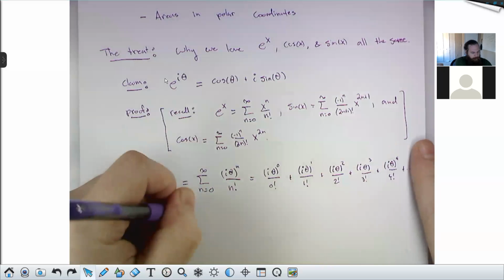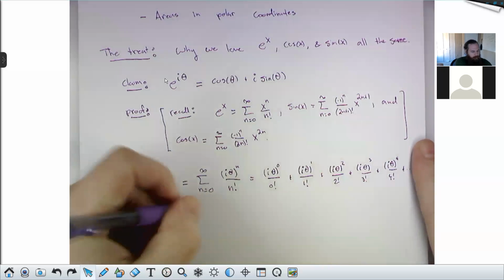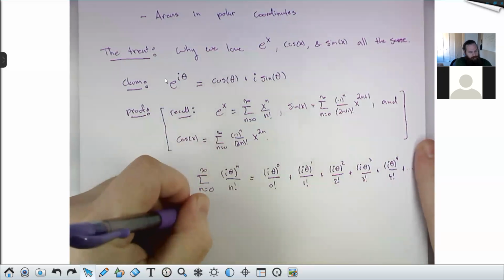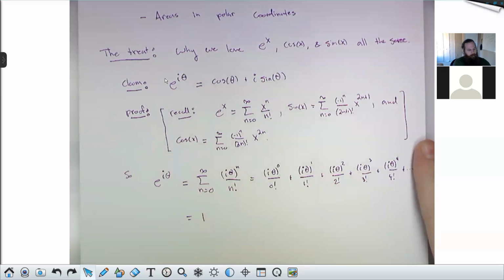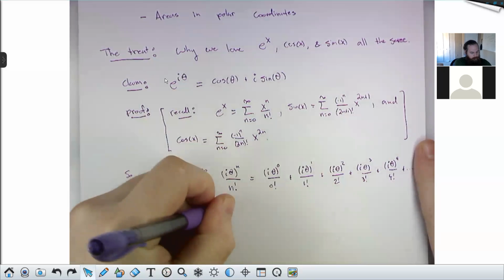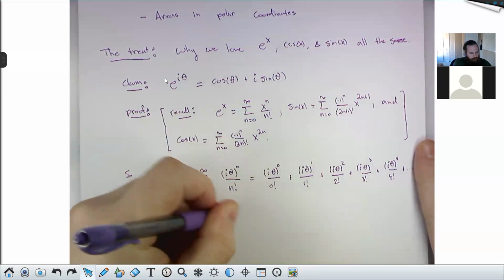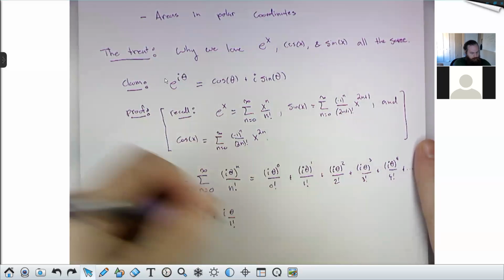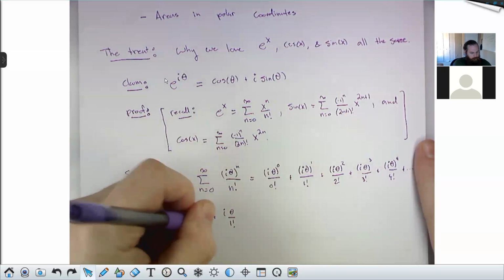Anything to the 0th power is 1, and 0 factorial is 1. So the first term of that series is 1. Plus (i theta) to the 1 is i times theta, and I'll put it over the 1 factorial still.